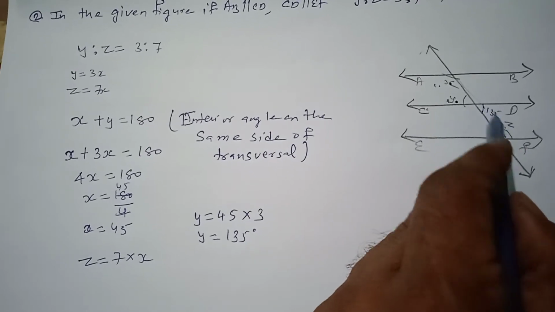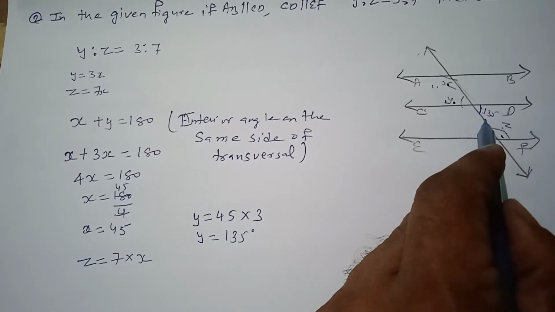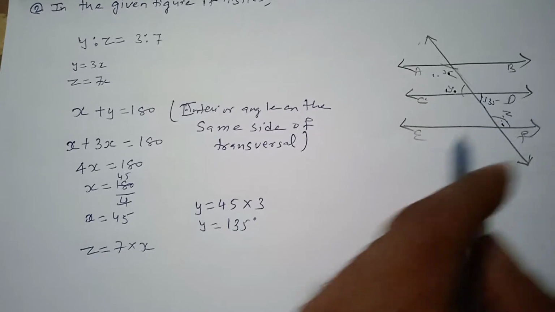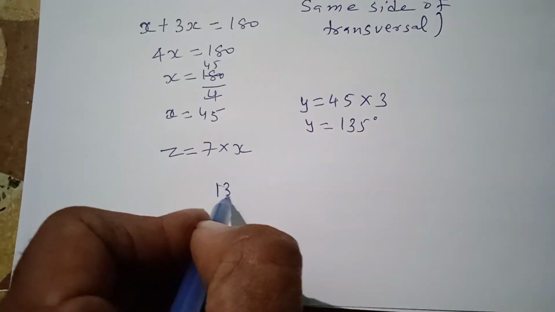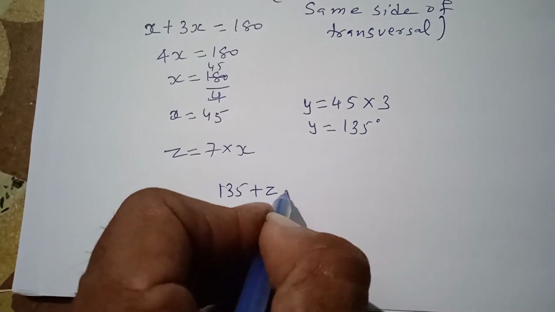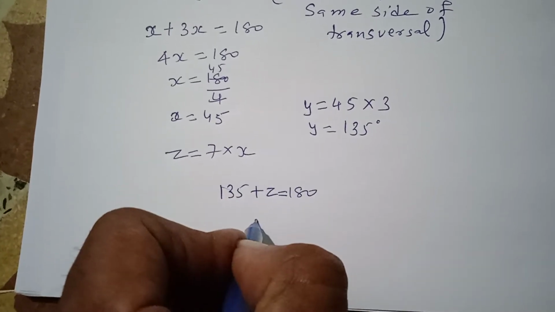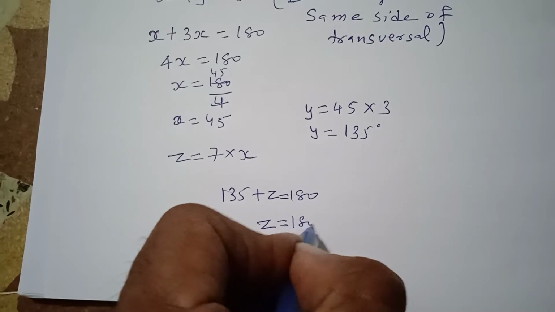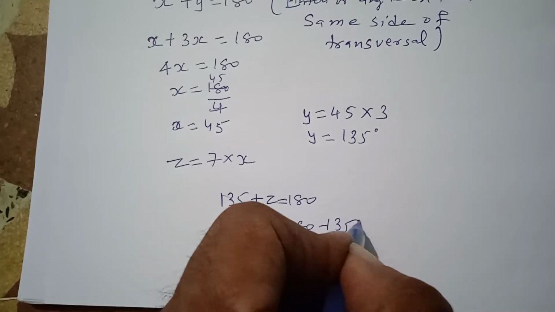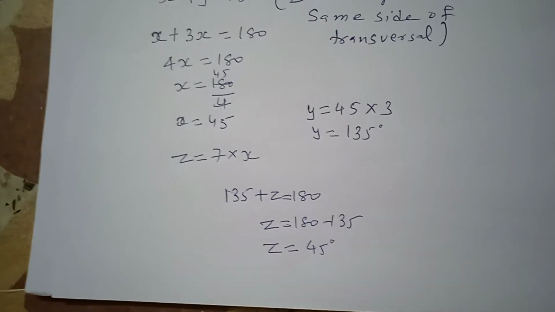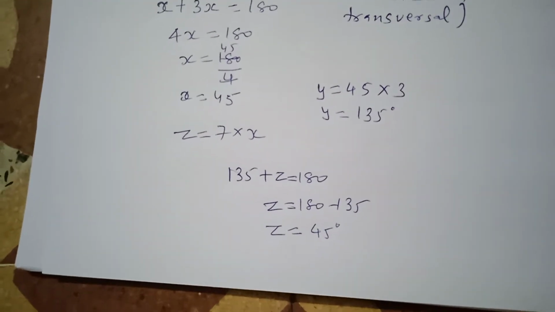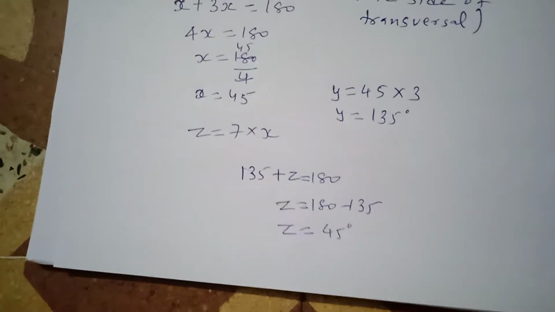And here both the angles are interior. 135 plus z is equal to 180. Z is equal to 180 minus 135. Z is equal to 45 degrees. Here we are getting the value of z.